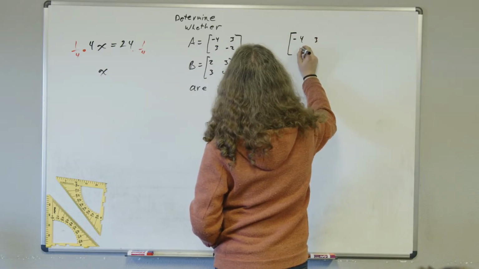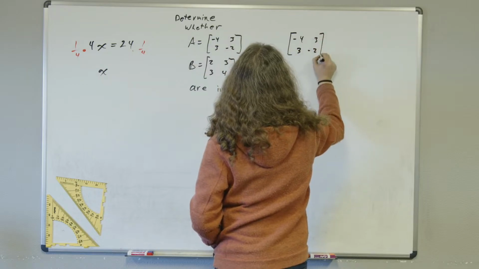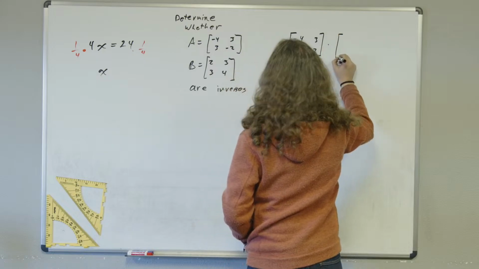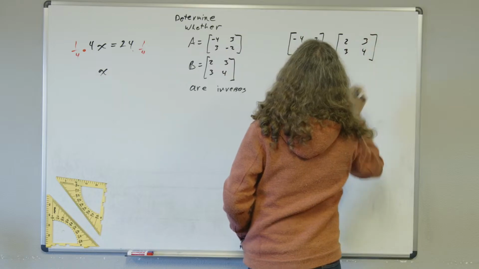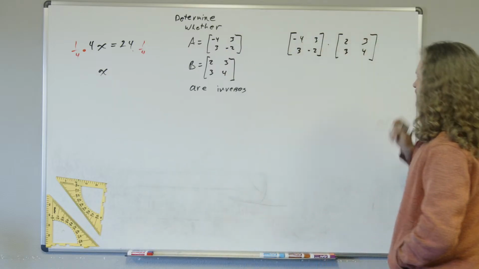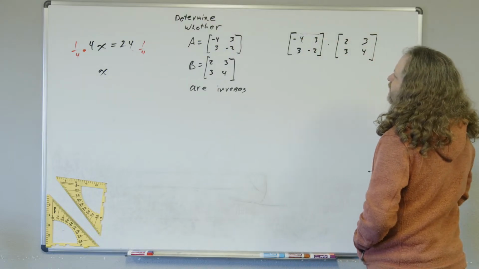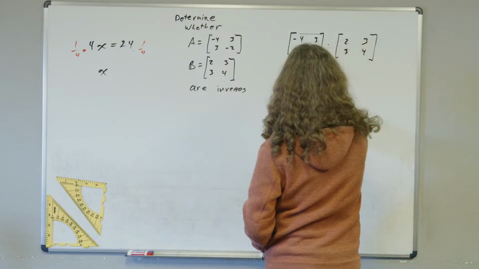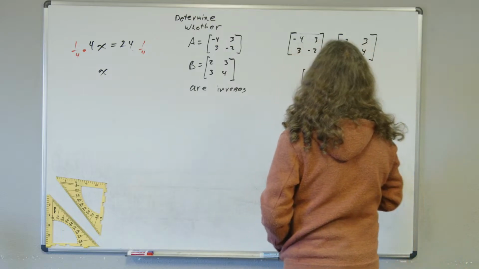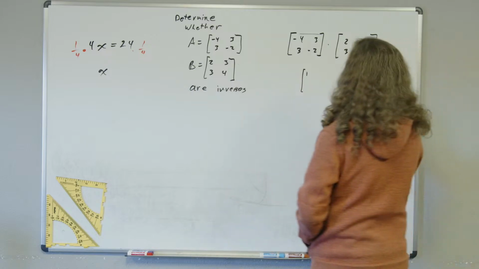But you're allowed to do -4 times 2. So, -4 times 2, -8, plus 9 is 1. Looking good so far. -4 times 3 is -12, plus 3 times 4 is 12.